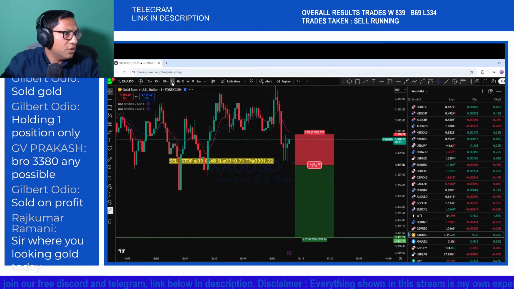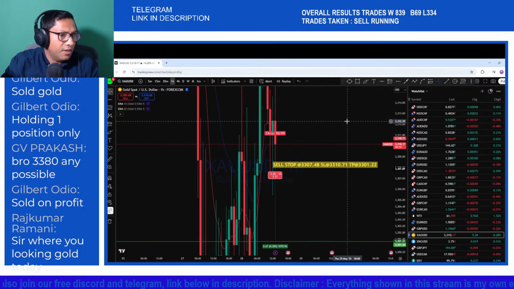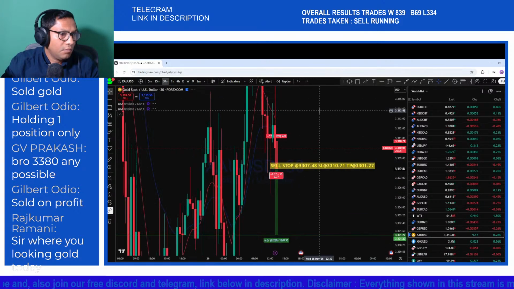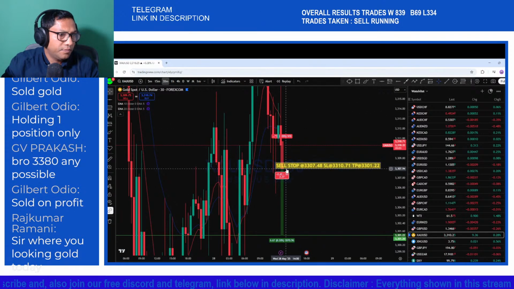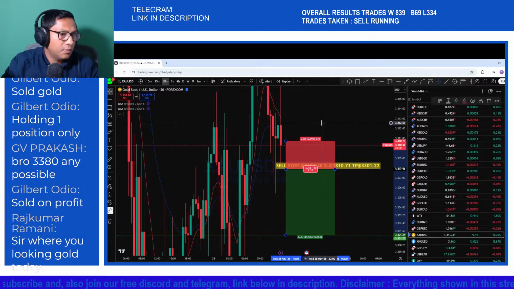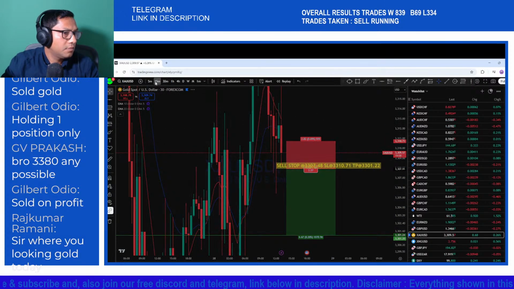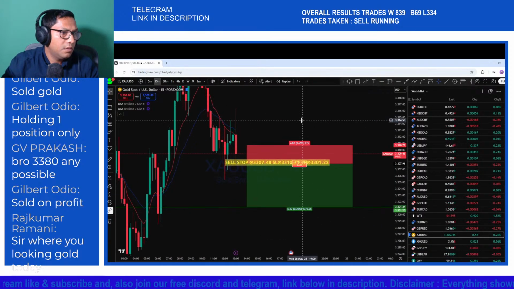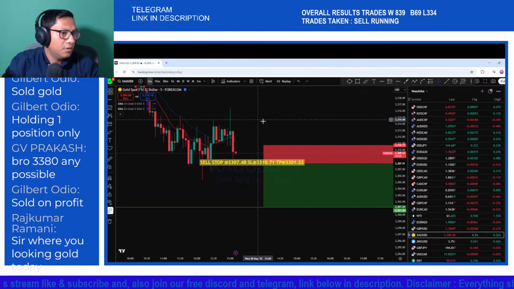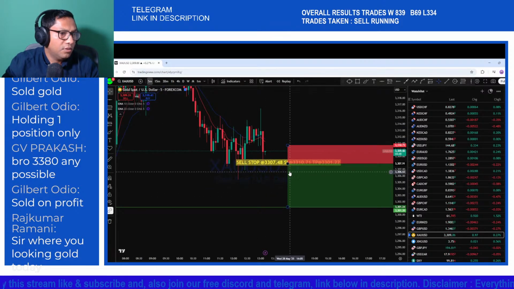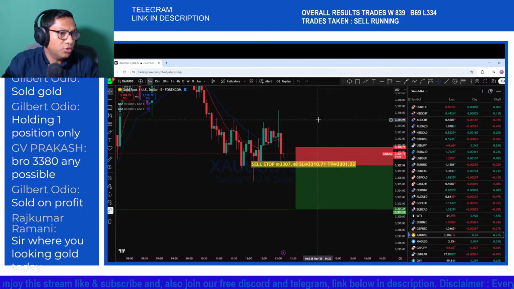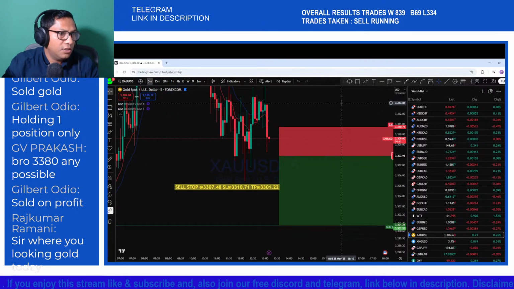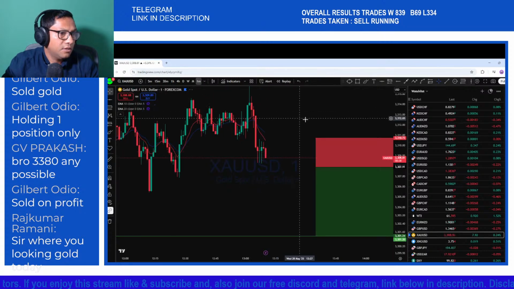Now, if we look at the 1 hour, we can see that there is a big rejection to the downside. 30 minutes also a bear candle. 15 minutes, heavy rejection from the top, and the 5 minutes candle closed just now. Okay, so the 5 minutes candle that you can see is also potentially bearish.